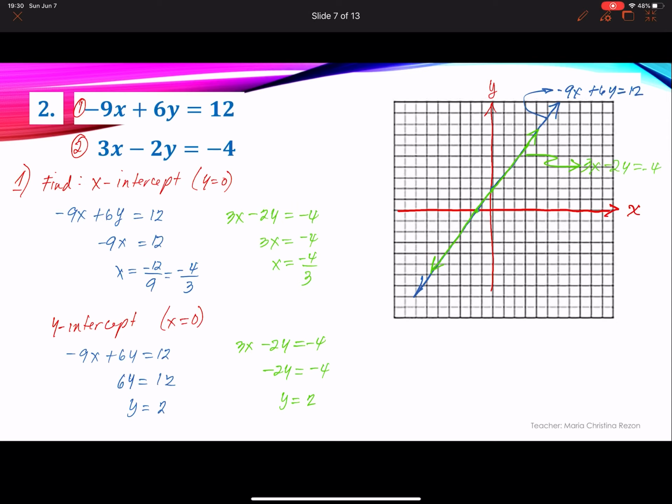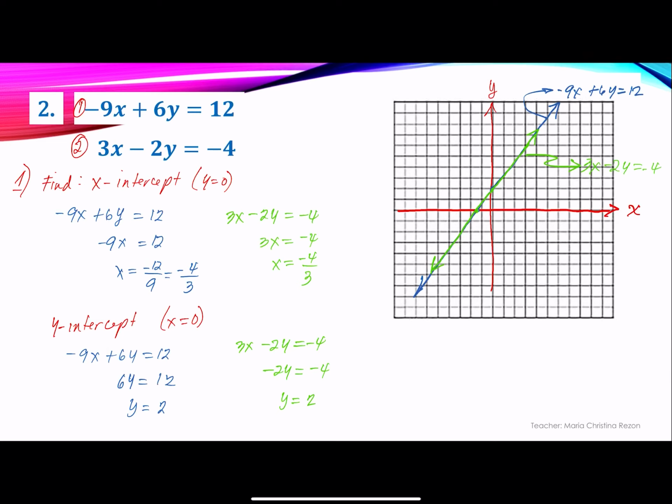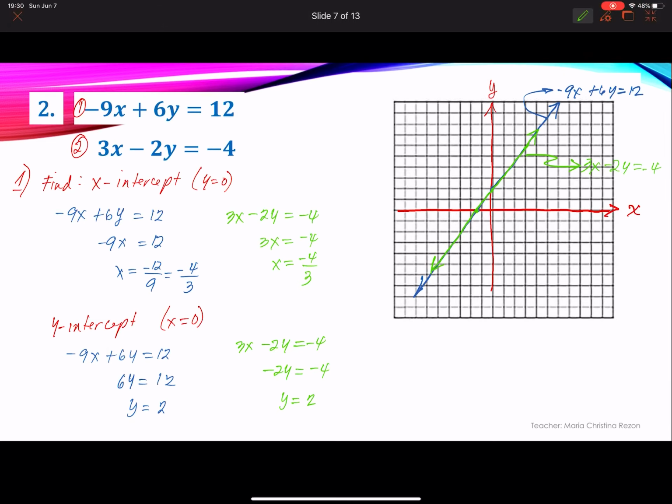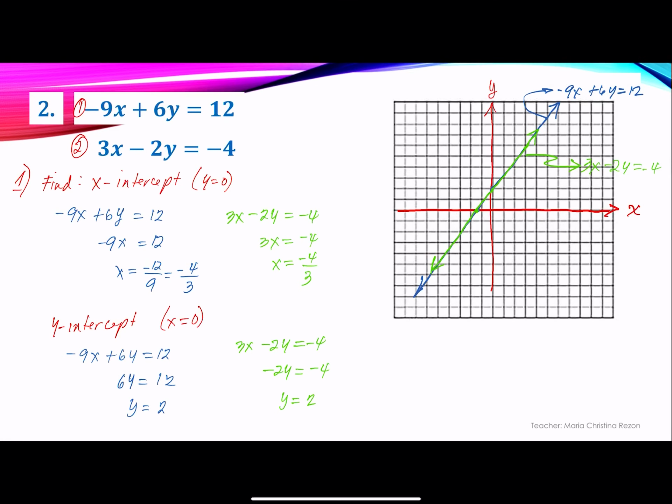Therefore, what can you say about our solution here? Therefore, we can say that the solution is infinite. It has infinitely many solutions.